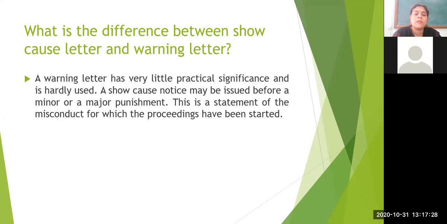There is a statement of the misconduct for which the proceedings have been started. So the warning letter has very little practical significance, whereas the show cause notice is issued before the punishment. This is a major difference between the show cause letter and the warning letter.